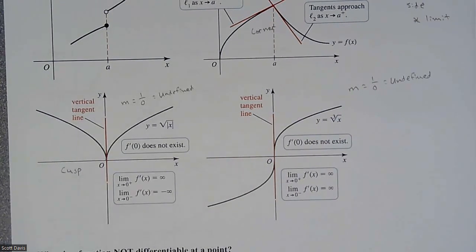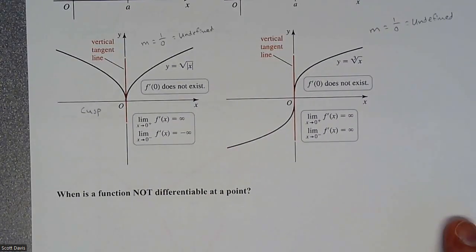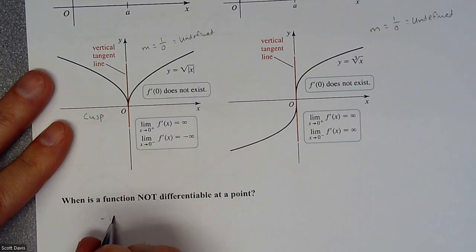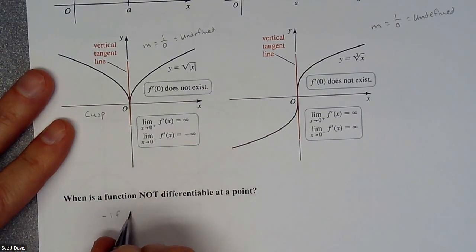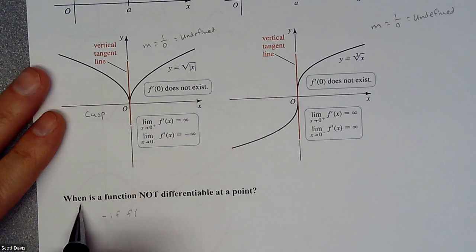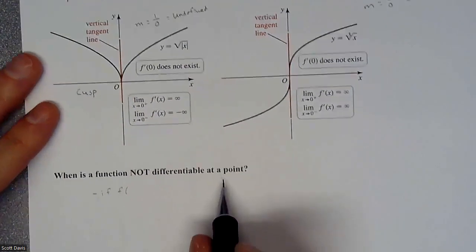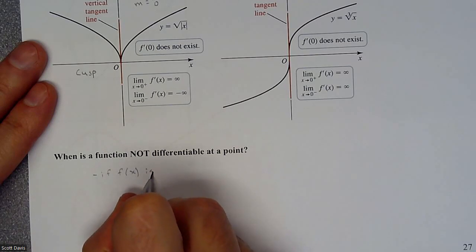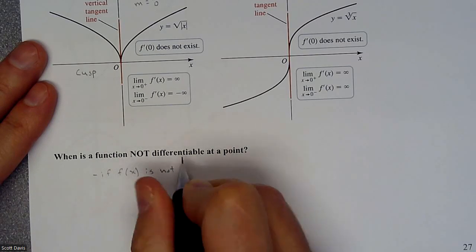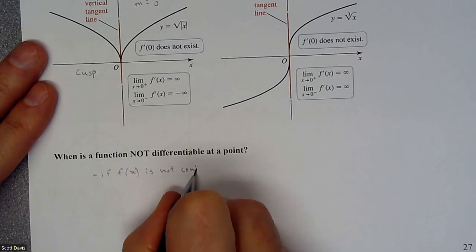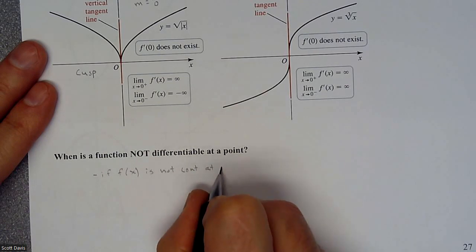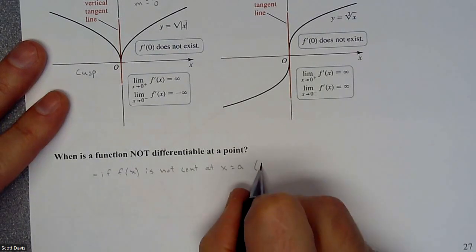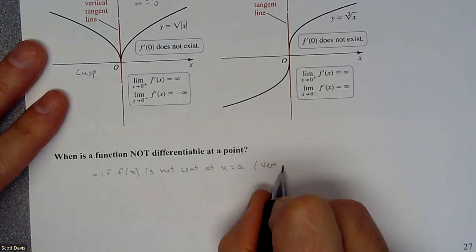All right, so some things to consider as you're going through it. Let's summarize it a little bit. When is a function not differentiable at a point? If f of x is not continuous at x equals a, think vertical asymptote.